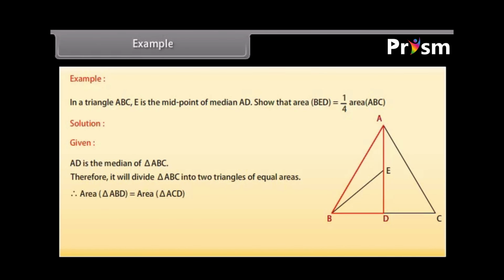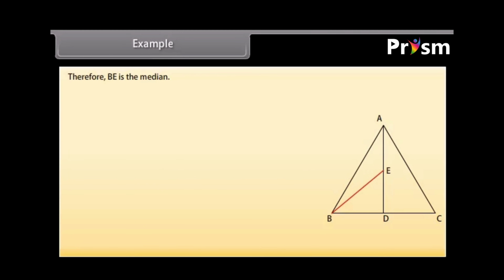Therefore, area of triangle ABD is equal to area of triangle ACD, which implies that area of triangle ABD is equal to 1 upon 2 area of triangle ABC. Mark it as 1.